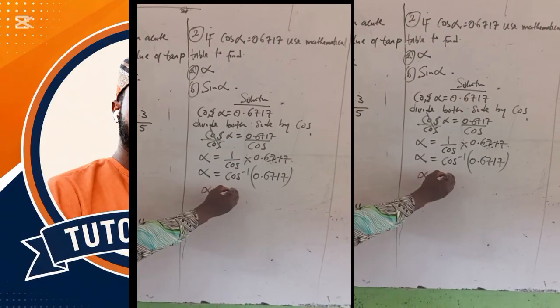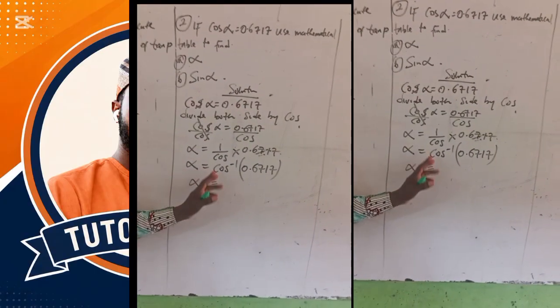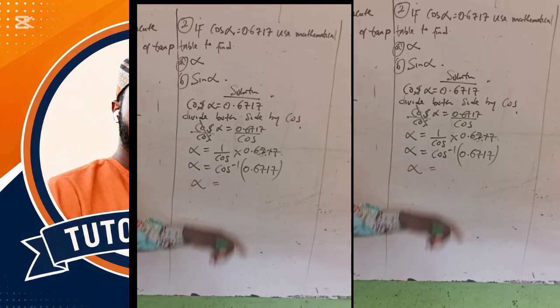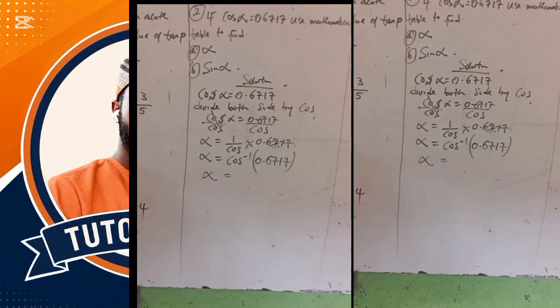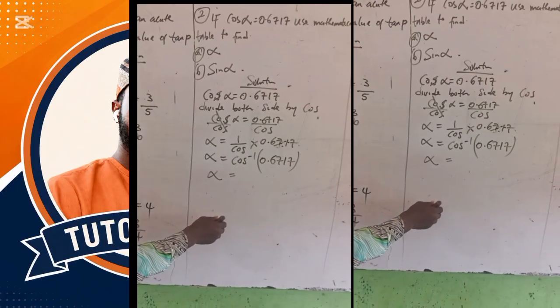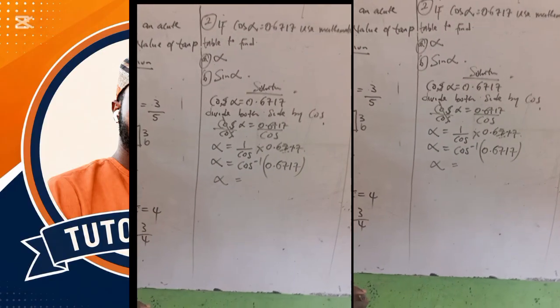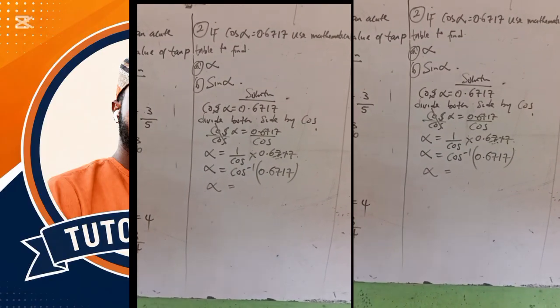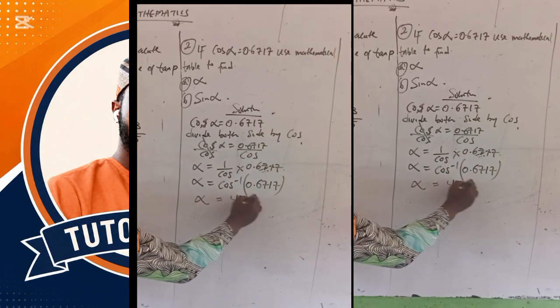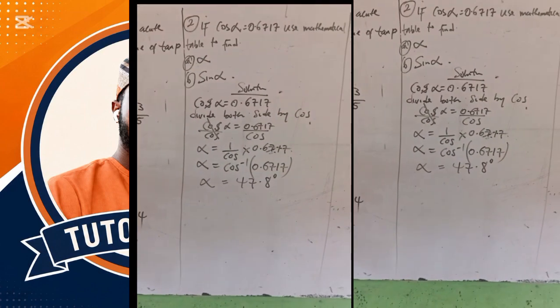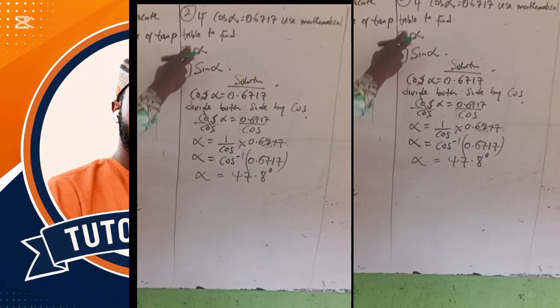Now you press the calculator: shift, then cos, then you enter the value you are looking for, and that gives us 47.8 degrees. So this is the value to the question here.